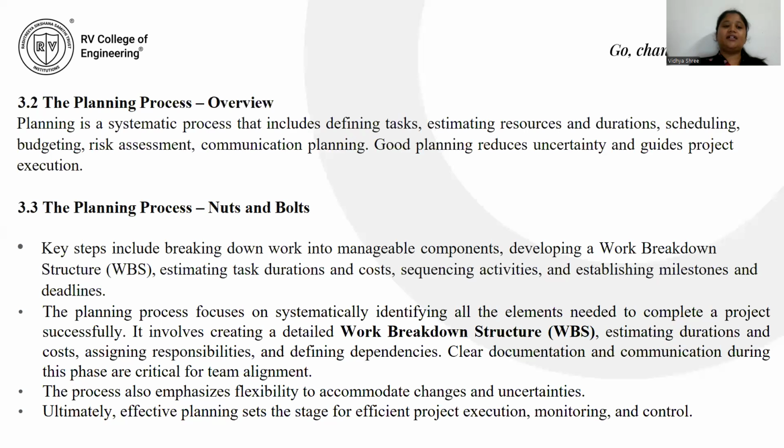As for the planning process nuts and bolts, the key steps include breaking down work into manageable components and developing a work breakdown structure by estimating task durations and cost, sequencing activities, and establishing milestones and deadlines.